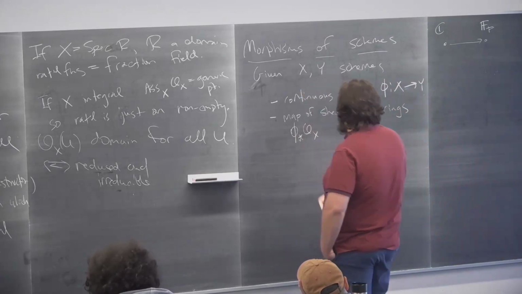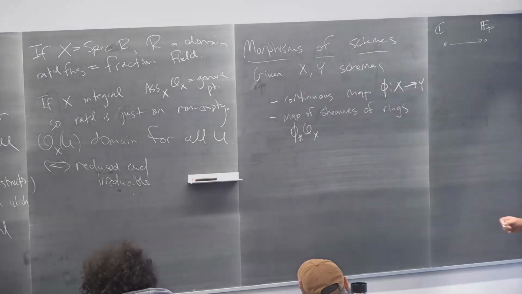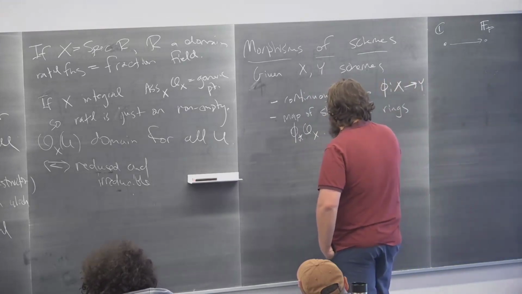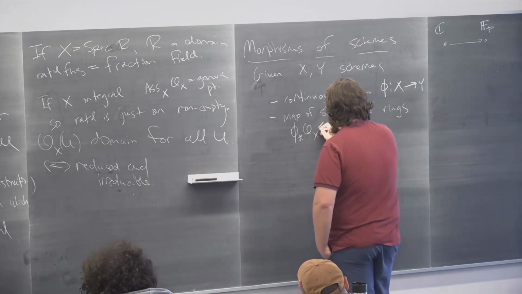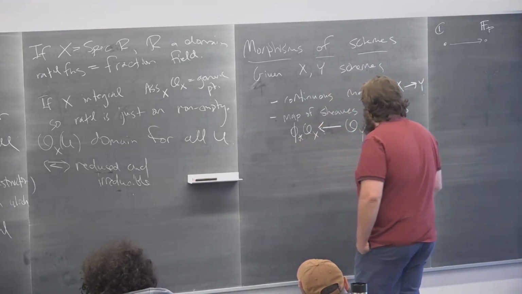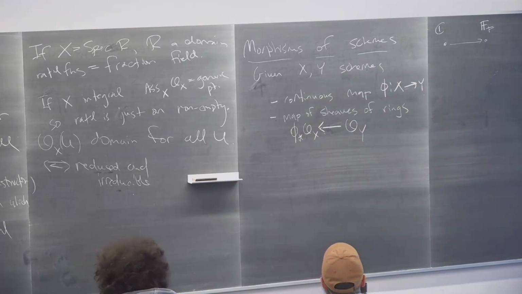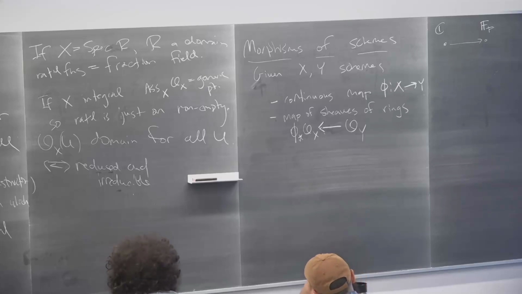The easy way to do that is to push forward the structure sheaf on X to Y, and then I can define a map from O of Y into here. So why does the map go this direction? It's because functions pull back.